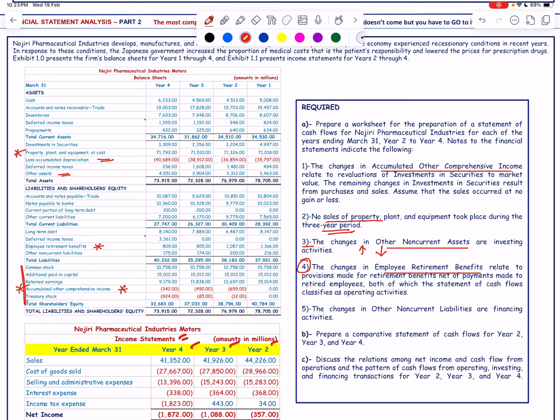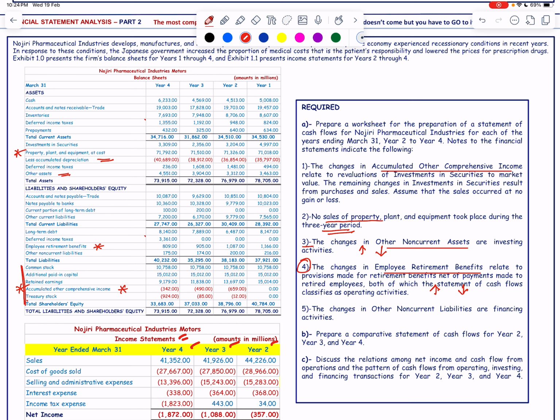So an increase in the employee retirement benefits provision is added to the net income in the operating activities, it is non-cash, and a decrease in the employee retirement benefits means payments. So this is the actual cash payment, a cash outflow in the operating activities. So by treating these changes as part of the operating activities, we ensure that the cash flow statement properly reflects the cash movements associated with employee retirement obligations.